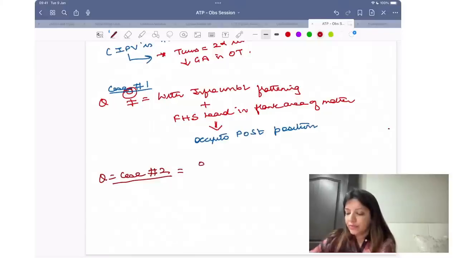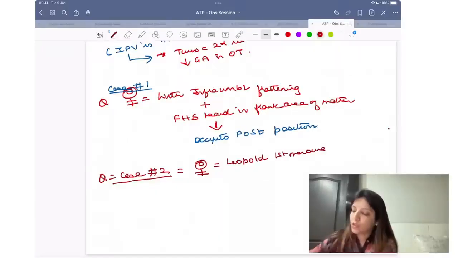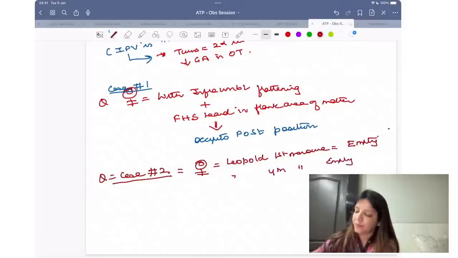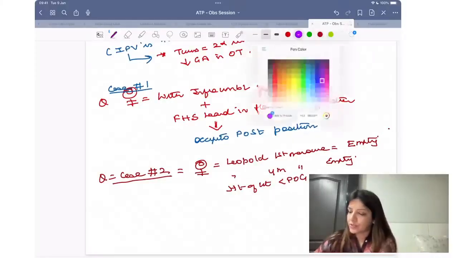Excellent, all of you. There is a pregnant female in whom when we did Leopold first maneuver, it was empty, and Leopold's fourth maneuver was empty. Height of the uterus is less than POG. What is your diagnosis?